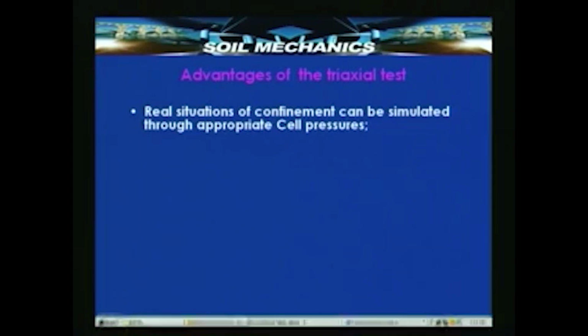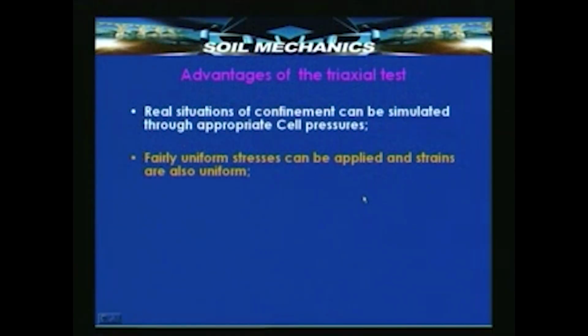The triaxial test helps us do precisely this, because we can apply a cell pressure of any known magnitude which will simulate the confinement that this sample is experiencing in the field at a given depth. Then the manner in which the pressures are applied here gives us the facility to have fairly uniform stresses inside the specimen.